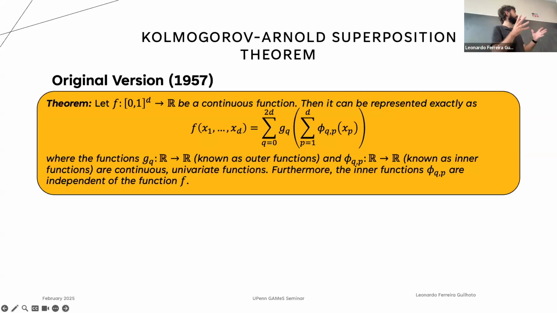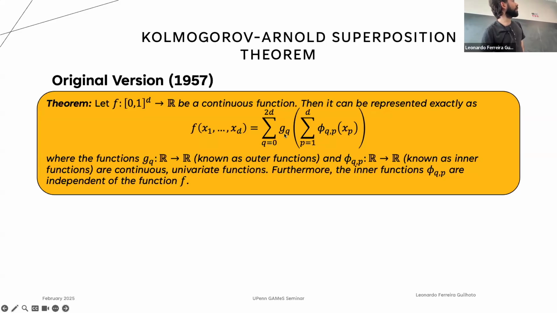So the theorem, the original version, goes as follows. Let f be a continuous function from the d-dimensional cube to the real numbers. Then it can be represented exactly using this formula over here, which I'll explain in a bit, where the functions g, let me see if I can show, there we go, I can show my cursor. These g functions over here are known as the outer functions, and these phi functions over here are known as inner functions.